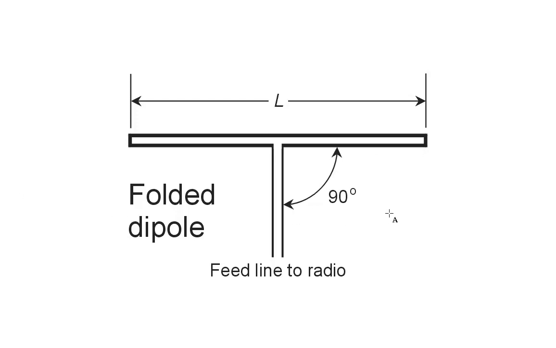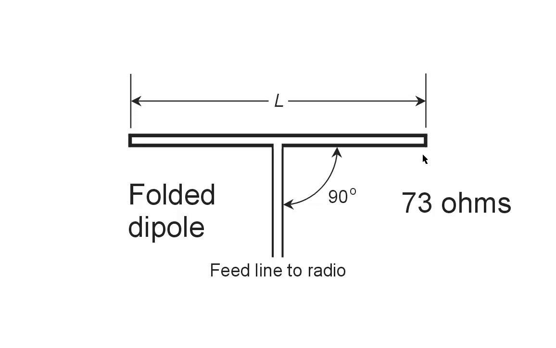And under ideal conditions in free space, we will get a purely resistive impedance at the feed point of roughly 73 ohms. That's assuming no objects near the antenna, particularly near the ends, that would alter the characteristics of the electromagnetic field in the vicinity of the antenna.